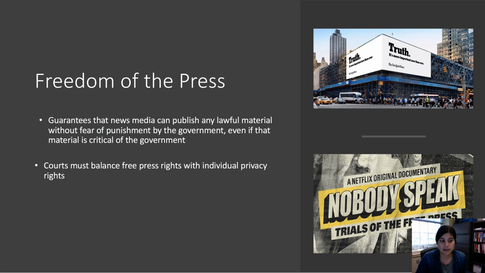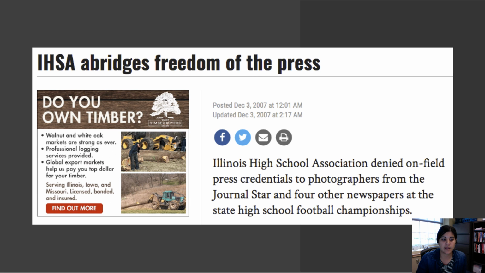But ultimately, in our field, again, you might see freedom of the press issues if you're dealing with members of the media. So an example that I give is the IHSA. This was a case that occurred a couple of years ago now, 2007, where the IHSA essentially started denying on-field press credentials to photographers.